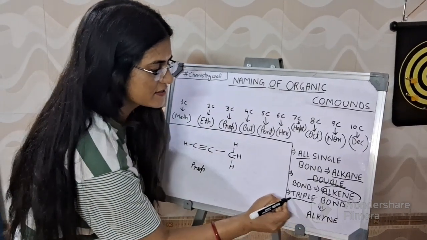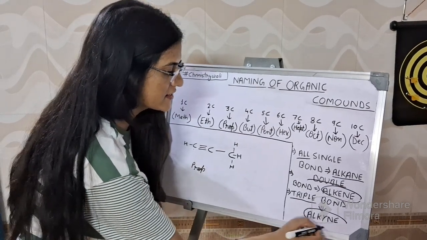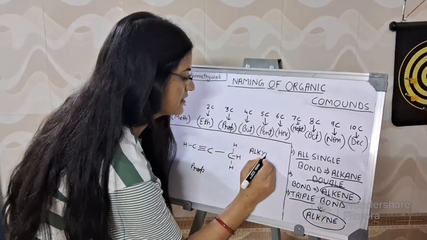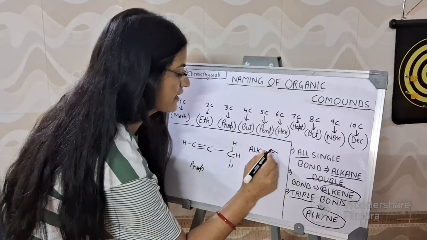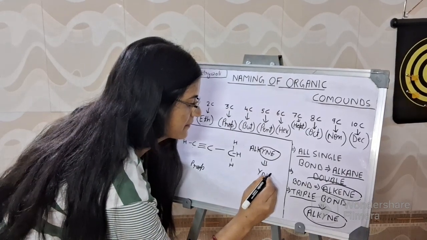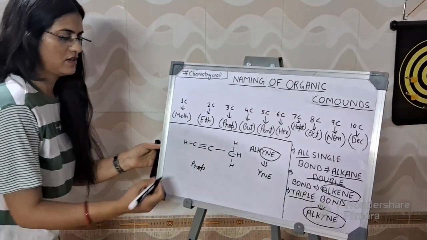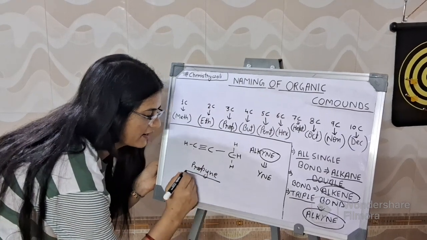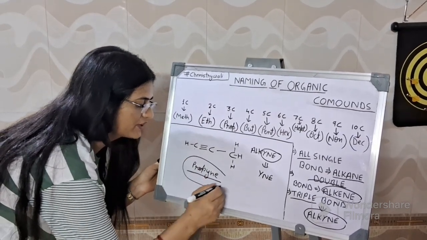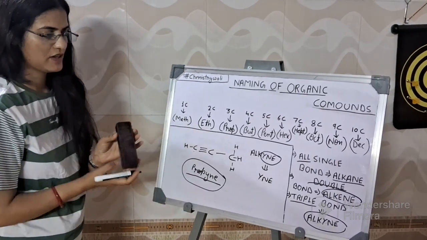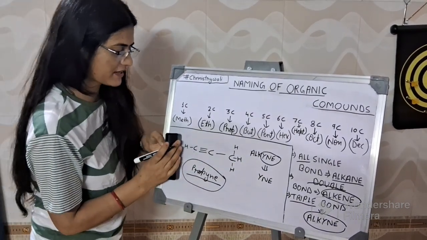When a triple bond is there, it means this is alkyne. For alkyne we are using the suffix -yne. Y-N-E, propyne. Now the name of the compound will be propyne. So this is how we will name the compound.